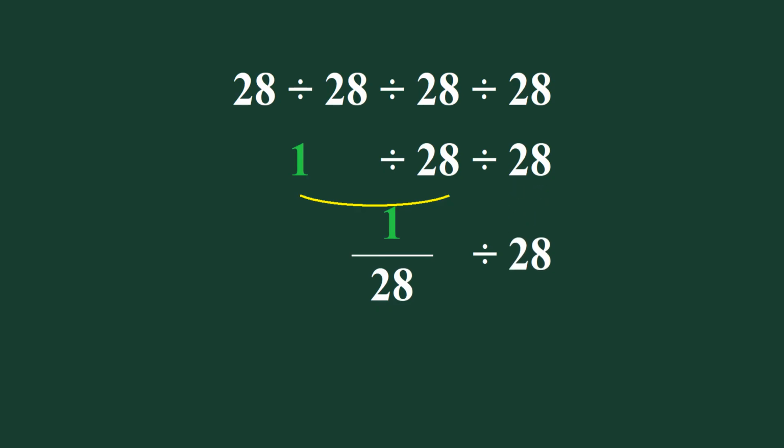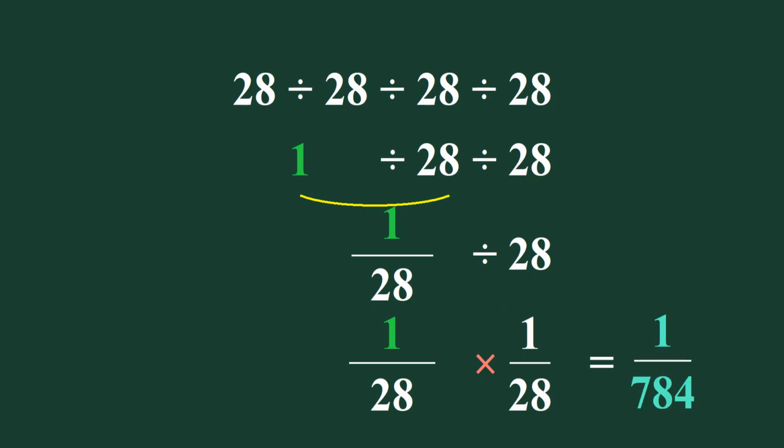So we must keep the first fraction 1 over 28 and change division to multiplication times, then flip the second fraction 1 over 28, which equals 1 over 784. And this is our final answer for this problem.